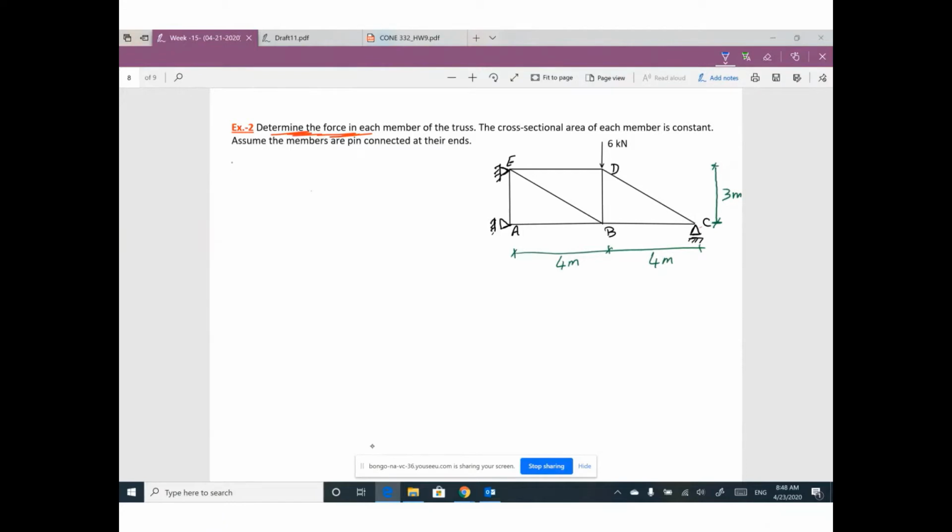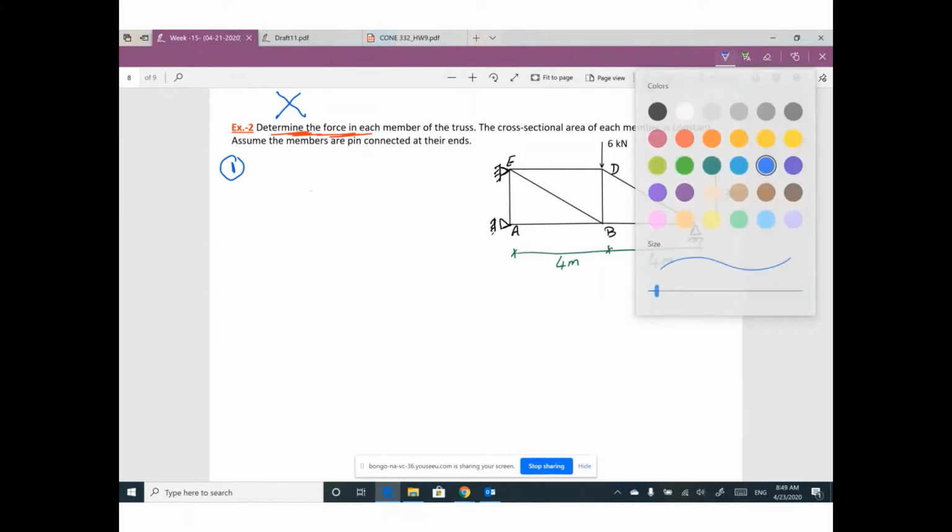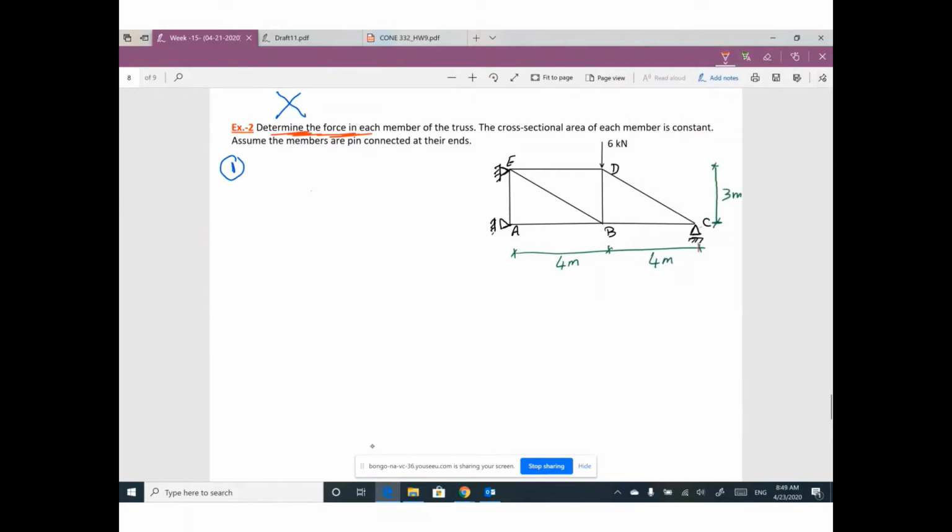First step, I need to figure out if this truss is internally or externally indeterminate. You have to ask yourself one question. Do you have cross members like this in this truss? I don't think so. Okay, one more question. How many reactions do you have? We have one here. We have one here. It's a roller. We have two here.